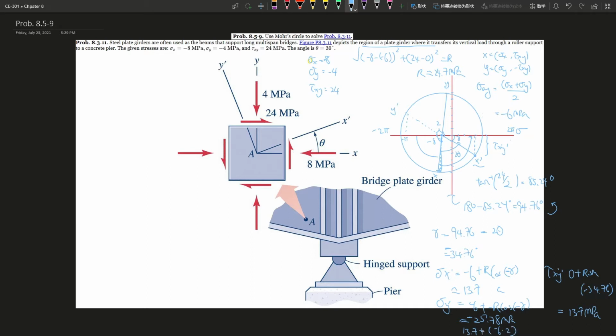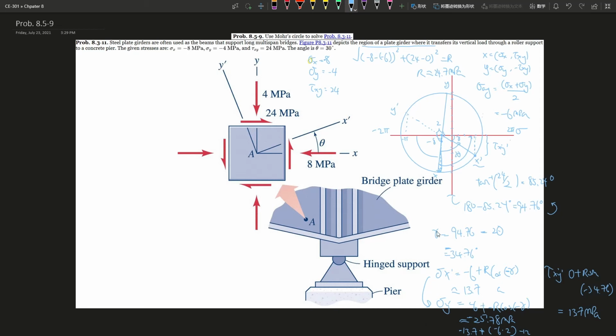Plus, sorry, 13.7 plus this times 2, which will also give you 25.78. Yeah, this is negative 12, negative 13. So you have to change from x to y. You have to change the sign of this number, and then add the middle, how it shifts, because it's 180 degrees. You go to the other side.